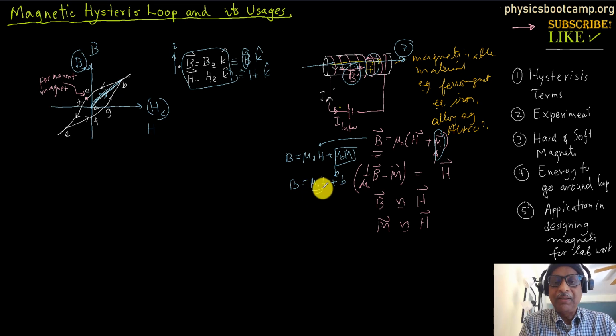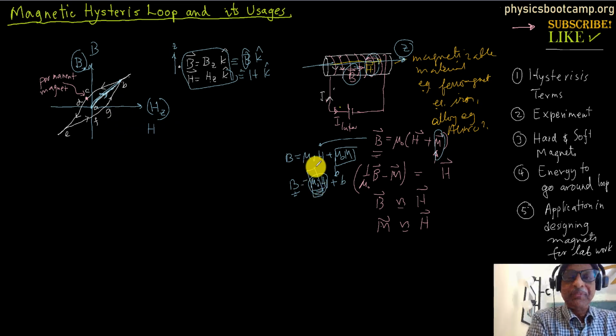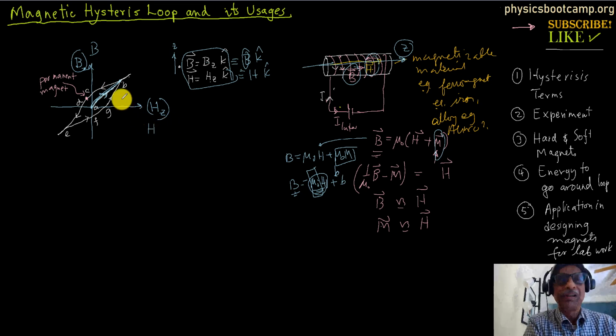So B versus H will simply be proportional to H. The more H, the more B, and this will be the slope. I'm not giving the units here right now. This can be hundreds of thousands of amps per meter, and this could be a Tesla.